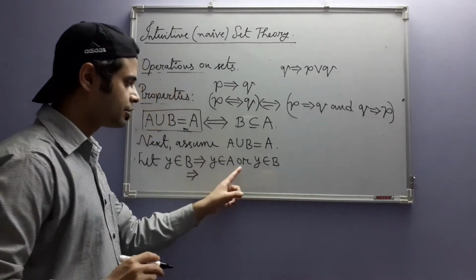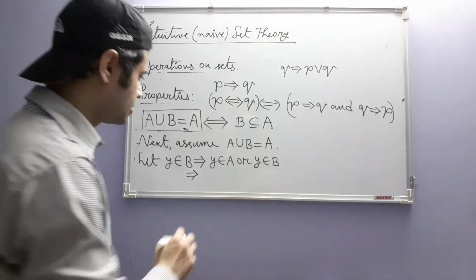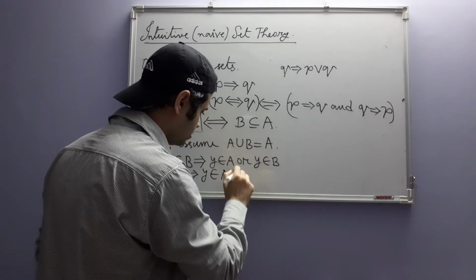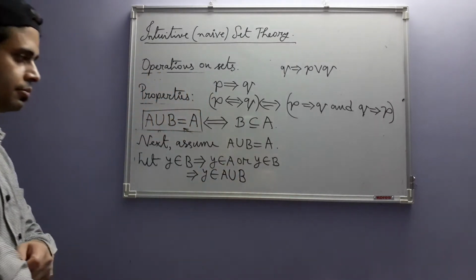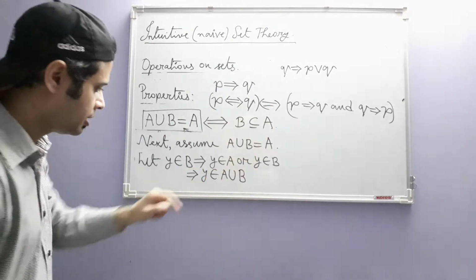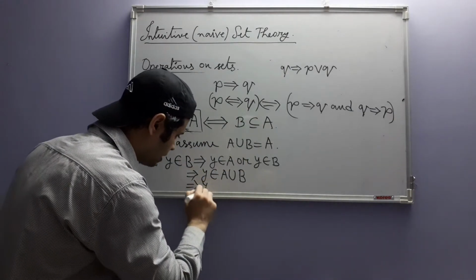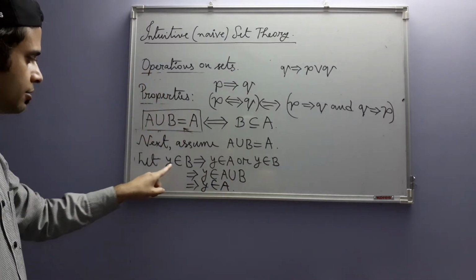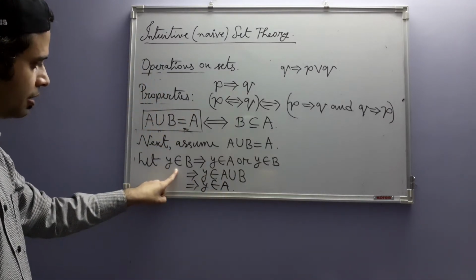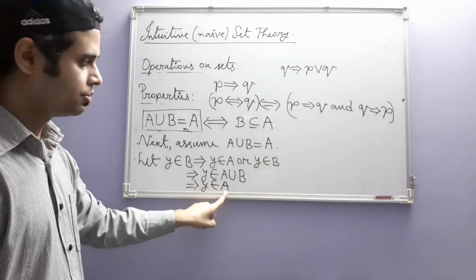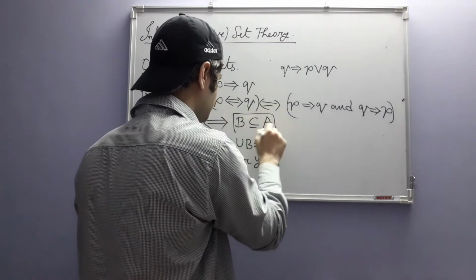This again, according to the definition of union of sets, this means Y belongs to A union B. But according to our assumption, A union B is equal to A. So that means Y belongs to A. So having taken some element in B, I have found that element in A also. So that's why B is a subset of A.